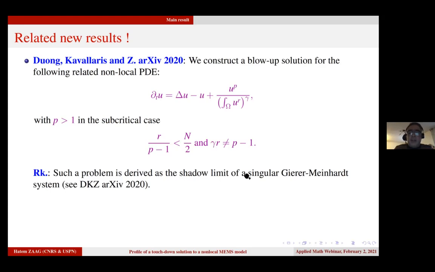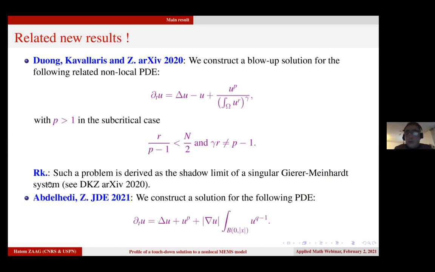One thing I should have noted here, this Gierer-Meinhardt system is linked to the Turing phenomena of activator-inhibitor systems in reaction diffusion systems to, for example, explain the skin of some animals, etc. So this Turing phenomenon, and we end up with something like that. You can see more details about physics in our paper, but mainly in the great literature by Nikos Kavallaris. In fact, he is really an expert on this subject.